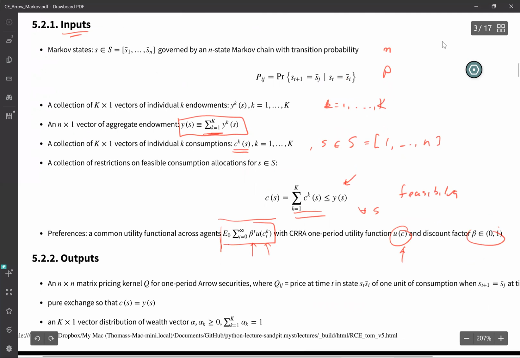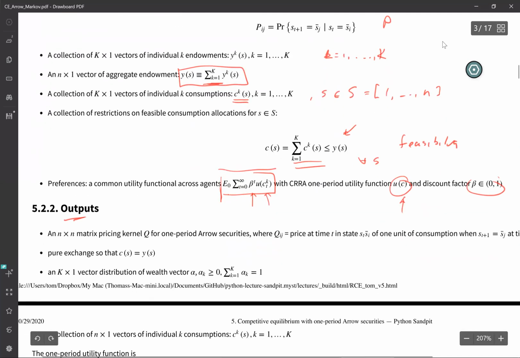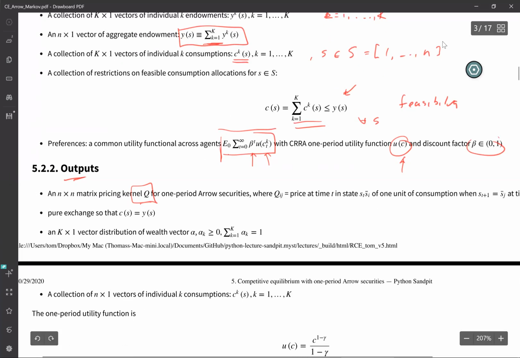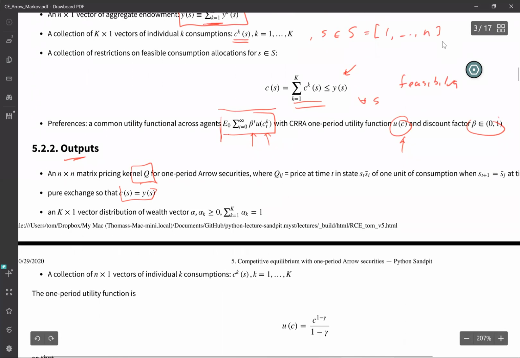We can think of what are the outputs. Well, one output is going to be this pricing kernel. We're going to have an allocation. We're going to have a distribution of wealth, and it's going to be a vector alpha. It's going to be the fraction of wealth.